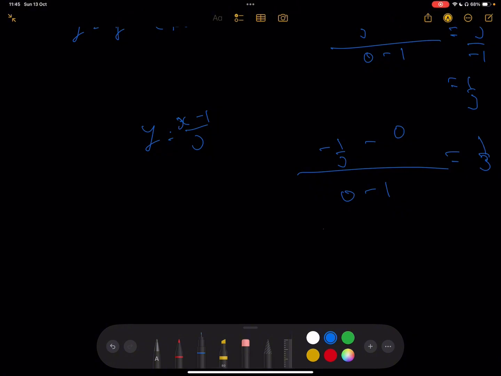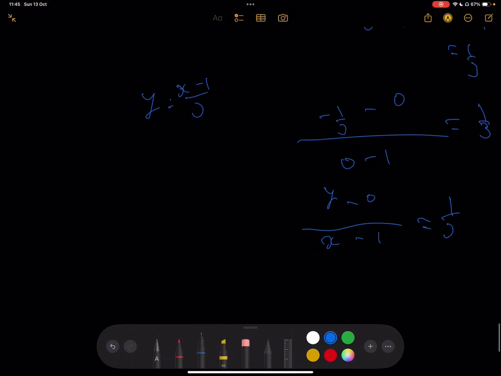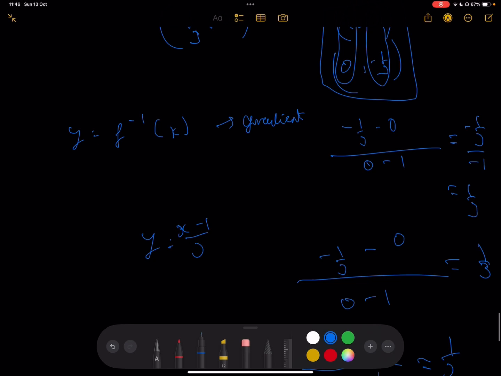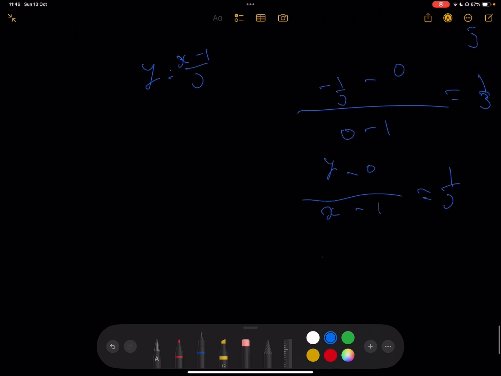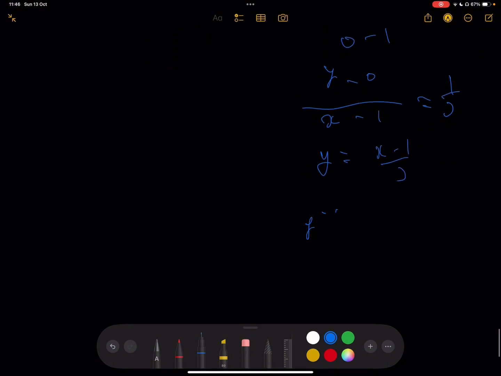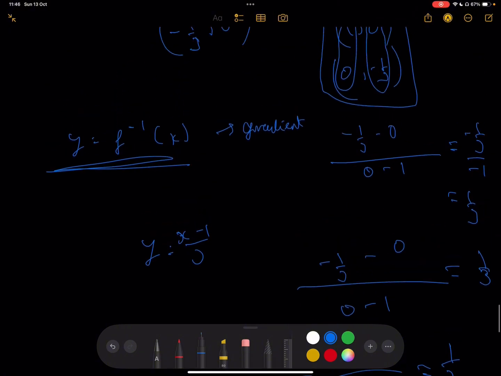So what do we get? We get y minus 0 over x minus 1, and this is equal to a third. Then making y the subject, where y is equal to the inverse of f of x, we can multiply both sides by x minus 1, leaving us with the inverse function of f of x equal to x minus 1 over 3, using graphical methods.